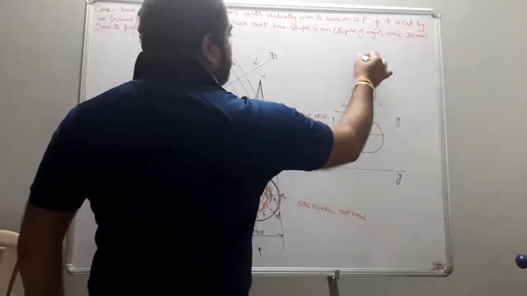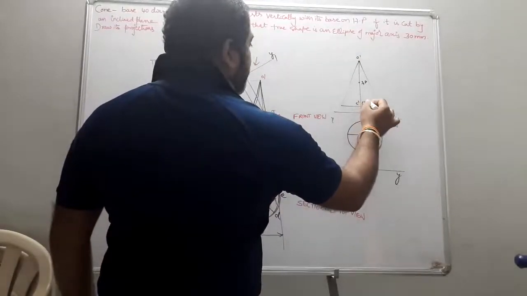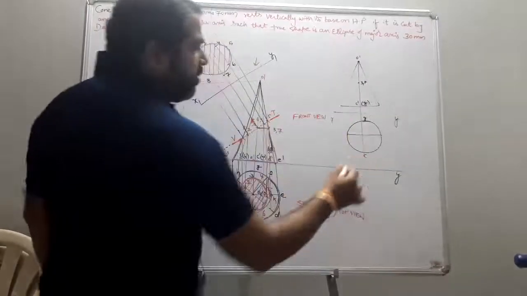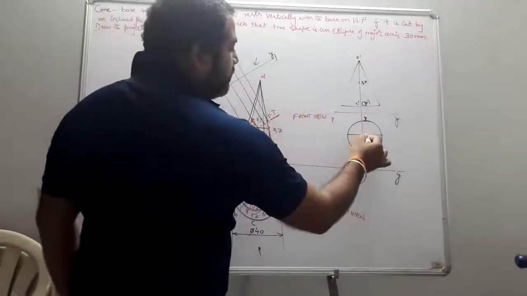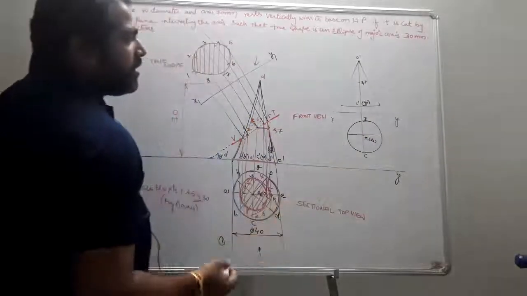This is going to be O dash. This is C dash, G dash. So this becomes GC. If I project my points, they should coincide here. It doesn't coincide, it is not supposed to cut the points.